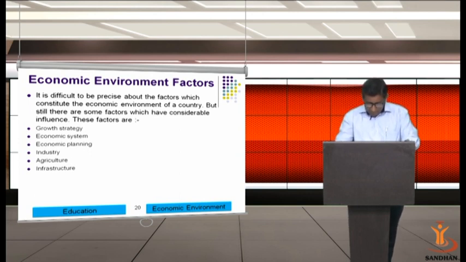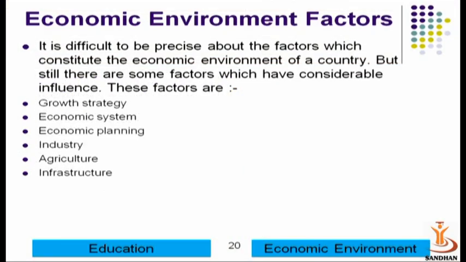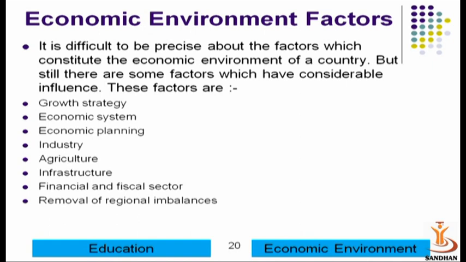Financial and fiscal sector, regional imbalances, and price and distribution control and economic reforms. So these are some of the economic environmental factors which I have listed over here that are the components of the economic environment of the business. We will be elaborating a few in this session.